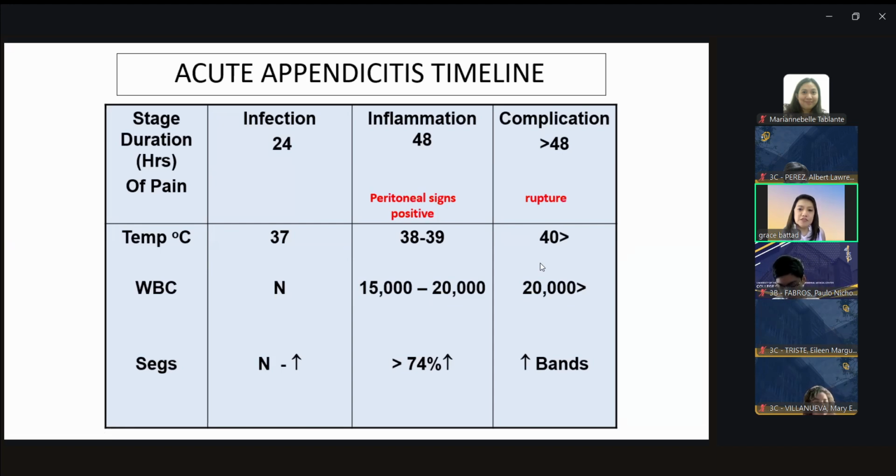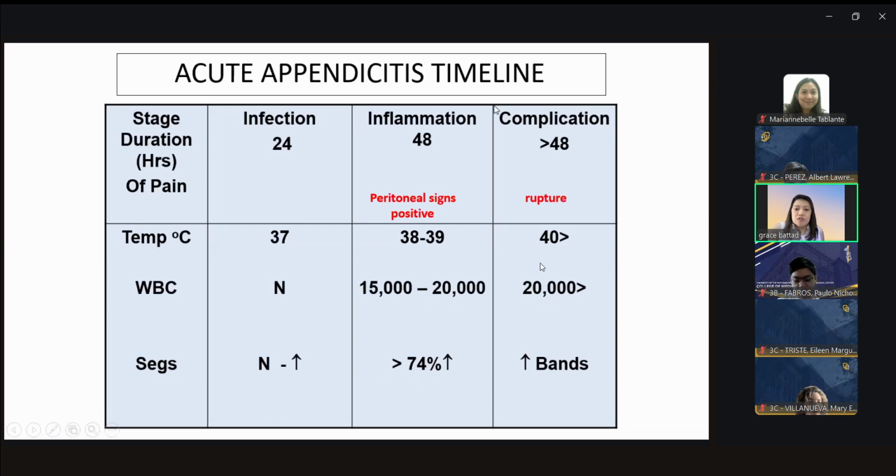The right lower quadrant pain is already there. There is a shifting of pain from the epigastric area to another quadrant. Sometimes it can also be in the right upper quadrant. If the temperature is already about 38 to 39 and the WBCs are going higher, here you have to admit the patient already. And here you have your segmenters going higher.